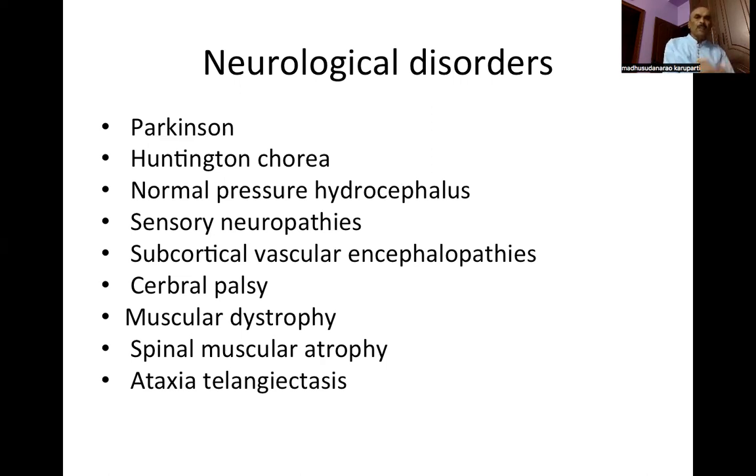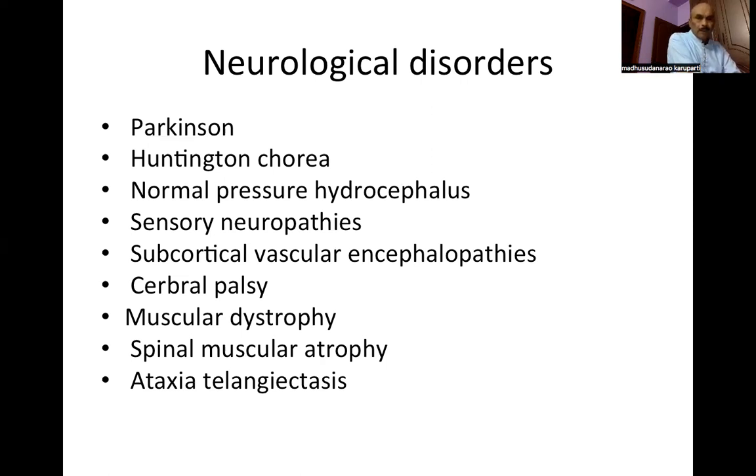Sensory neuropathies affecting the proprioception result in the loss of balance, thereby resulting in gait disturbance. Subcortical vascular encephalopathy: subcortical white matter includes the complex connections between the higher centers, which is the basal ganglia, and also the lower centers.